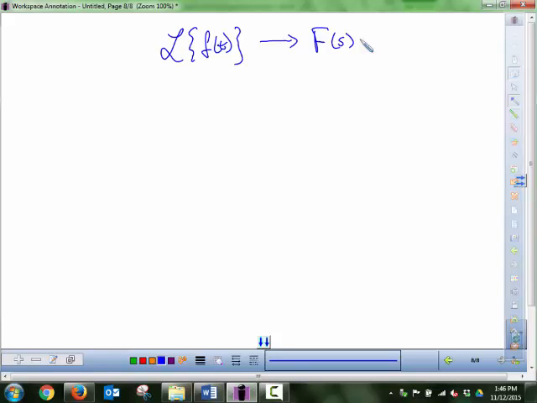And we know the way we get to that is by doing this integral.